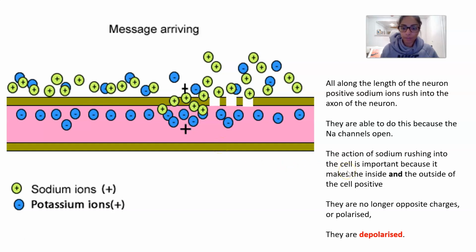Now, because the sodium channels open and they start rushing in, it causes a wave of excitation happening here. So the inside of our axon is no longer negative, it has become depolarized.